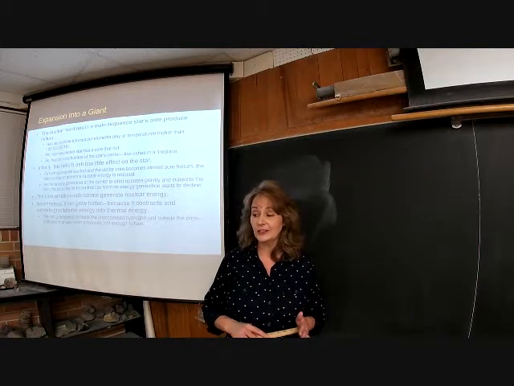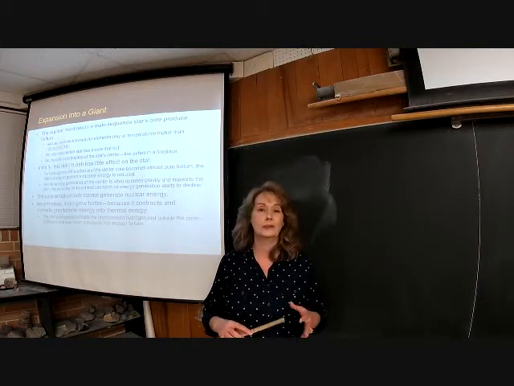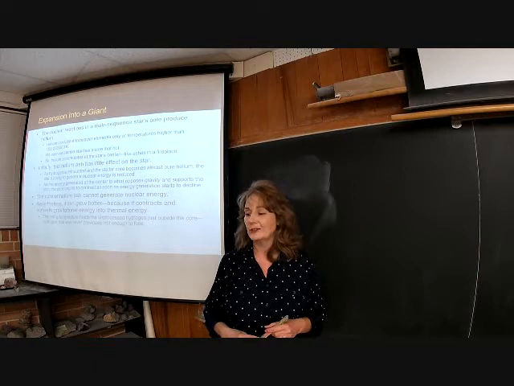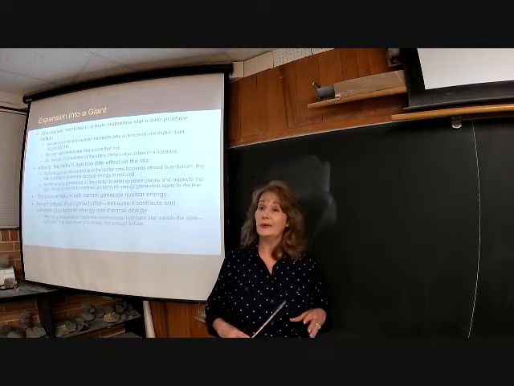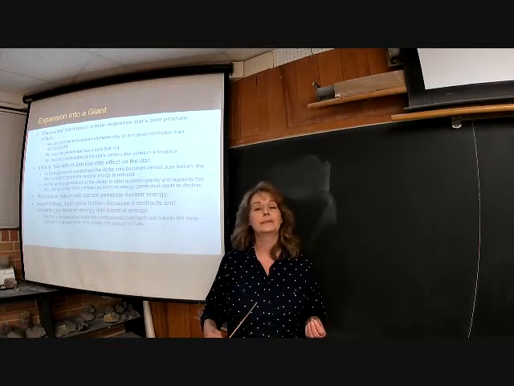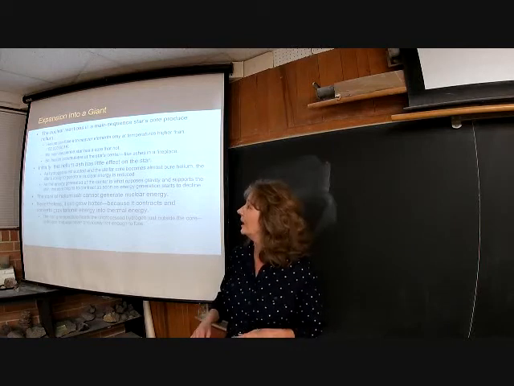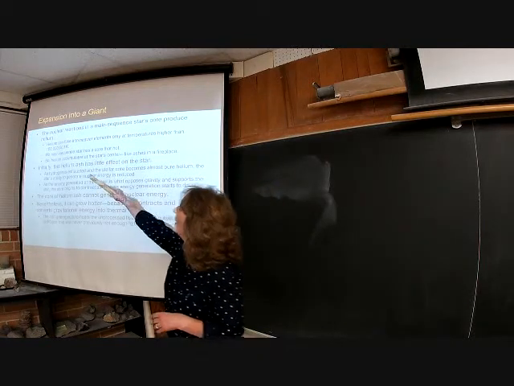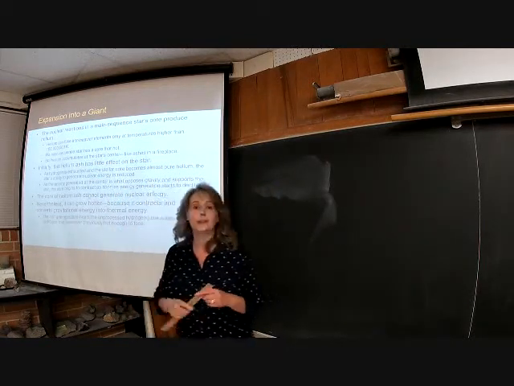Okay, so nuclear reactions in the main sequence core are producing that helium. In order to get helium to ignite, you've got to get your temperatures up to 100 million Kelvin.